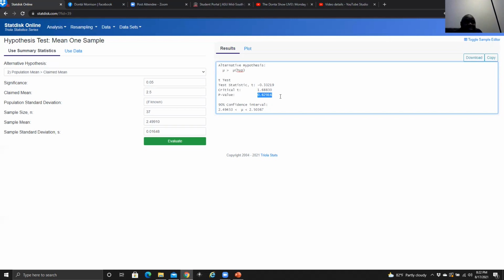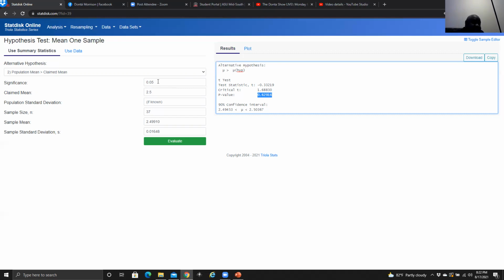And then you'll have to decide whether to reject the null or fail to reject the null. You're going to compare the p-value with your level of significance right here. If your p-value is less than your significance level, reject the null, otherwise fail to reject the null. In this case, your p-value is much bigger than your significance level of 0.05.